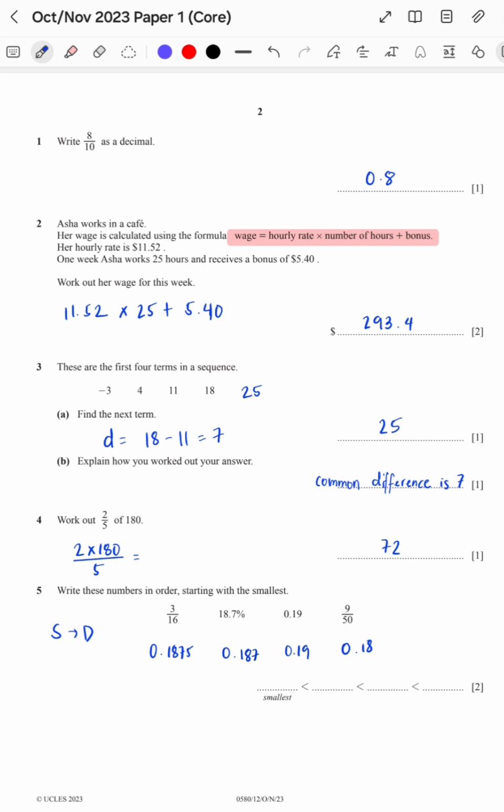The smallest is 9 over 50. Next is 18.7%. And then we have 3 over 16. And the biggest, or the largest number, is 0.19.